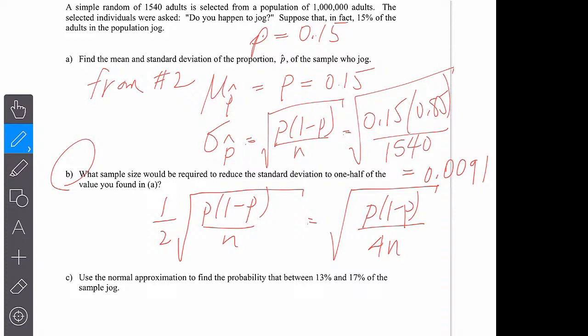So if I wanted half of whatever this was here as a standard deviation, then I would have to put this inside the square root. In other words, another way to look at that is that would be 4 times the sample size. So you would have to multiply the sample size by 4 to get half as a standard deviation. Do you follow that?